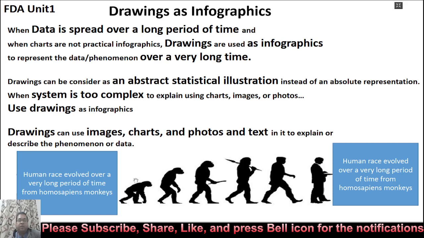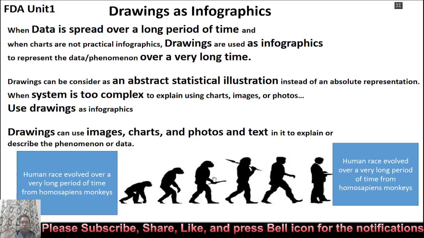So Homo sapien to Homo erectus, and Homo erectus to human being. The time from the simple monkey to man is around 6.5 crore years of evolution.